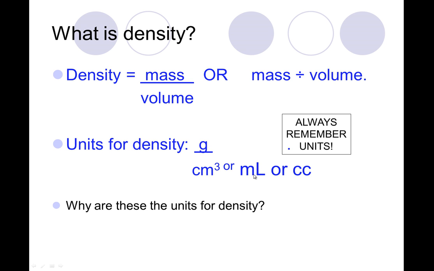If we have to measure the density of a liquid or the density of an irregular shaped object like a rock, a paperclip, a marble, any of those things where you can't do length times width times height, you would use milliliters in the water displacement method, or cc's, which is another way of saying cubic centimeters. And so all this would be gram per cubic centimeter, gram per milliliter, gram per cc. And that answers this question: why are these the units for density?